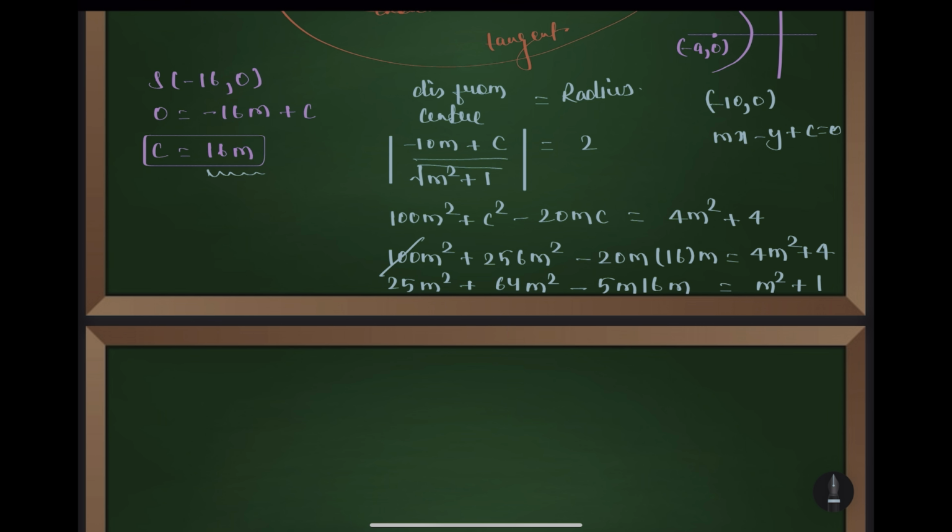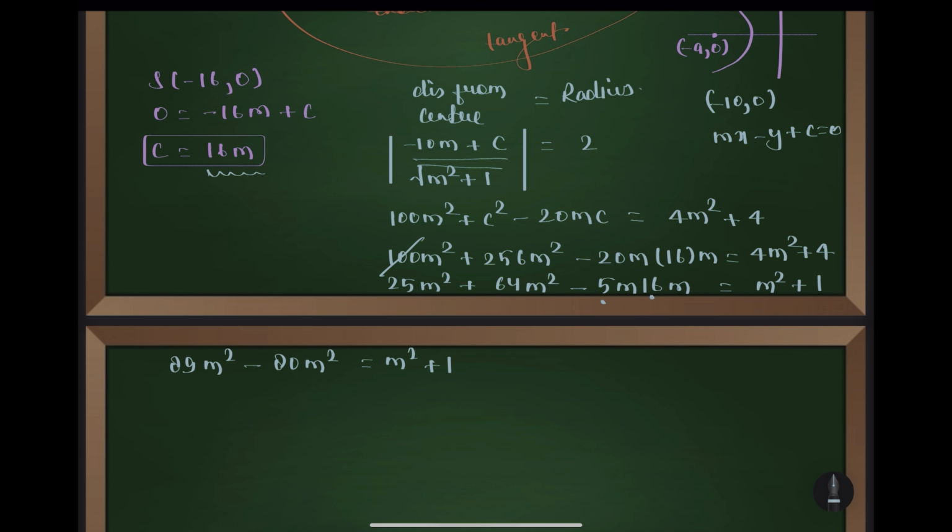Okay, now please simplify. So 25 plus 64 is 89m square, minus 80m square, is equal to m square plus 1.